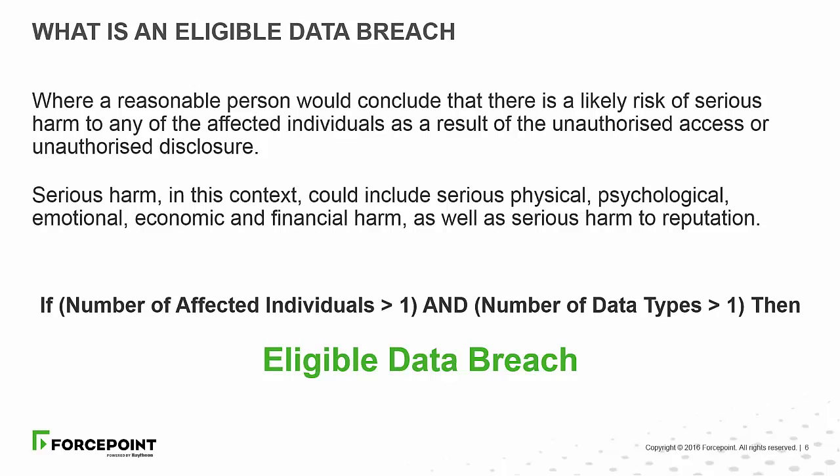So really, if you've got a single person and you've got multiple identifiable factors. If somebody stole or there was unauthorized access to my name, my address and my tax file number, that's when I would need to be notified by the third party that lost my information. Or if you had multiple users who had unauthorized access to their information, that's when that would have to occur as well.